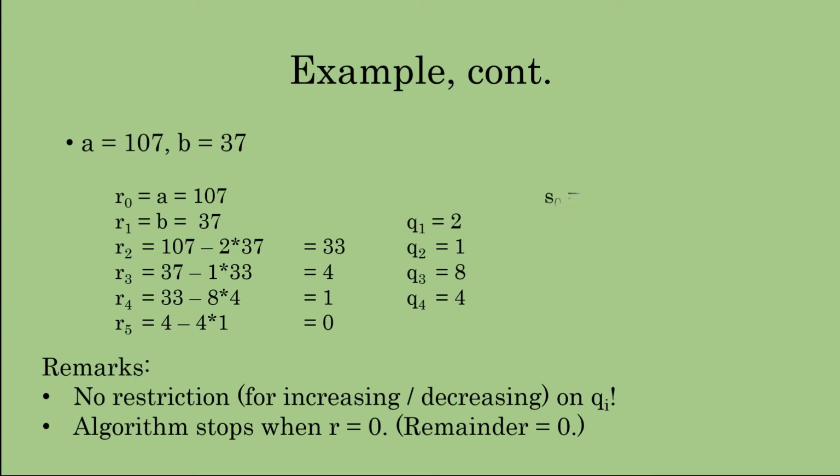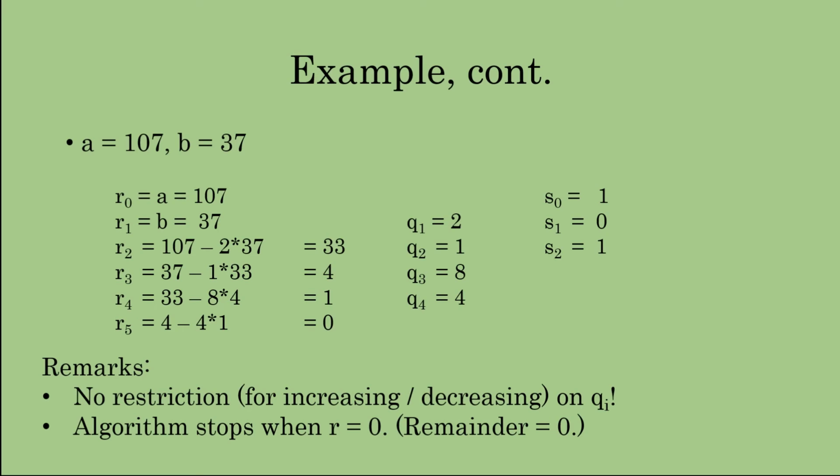So for our next column, s sub 0 equals 1 by definition. And this is always true, by the way. No matter what a and b are, s sub 0 always equals 1. S sub 1 equals 0. And now for the next computations, what we're doing is we're actually taking s sub I minus 1 and subtracting q sub I times s sub I. That's our computation, I know. So basically 1 minus 2 times 0 is 1.